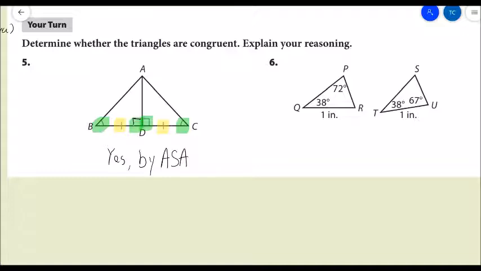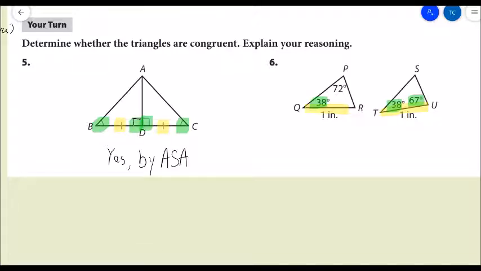All right, now number 6, hopefully you realized that we're given the 1 inch, so our included side is the 1 inch right there, and then our angles are 38 in this case, and 67 for STU, for triangle STU.